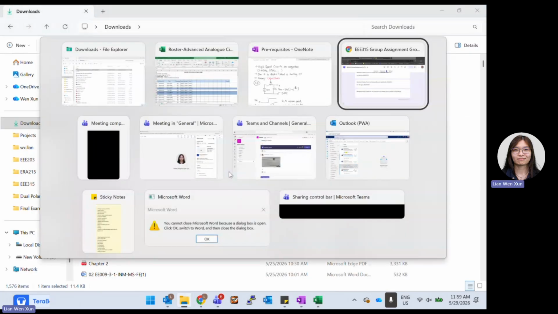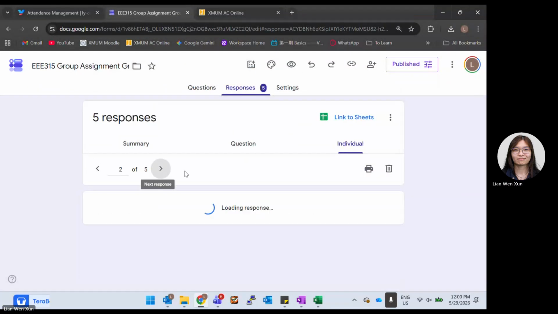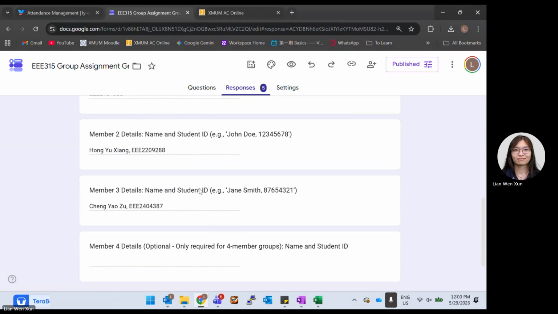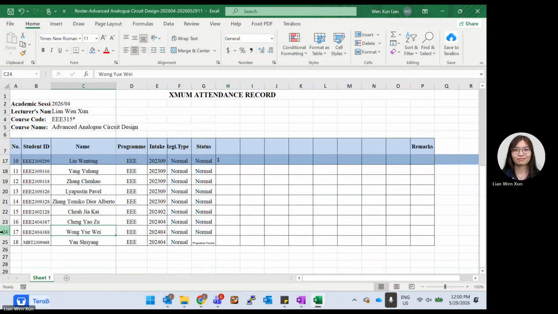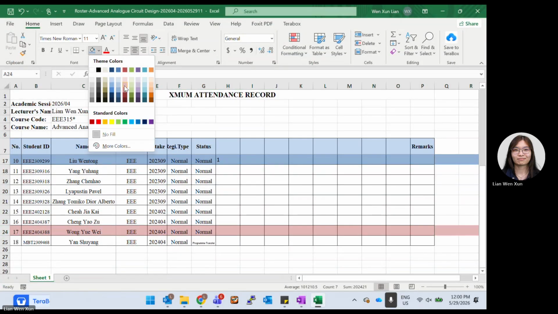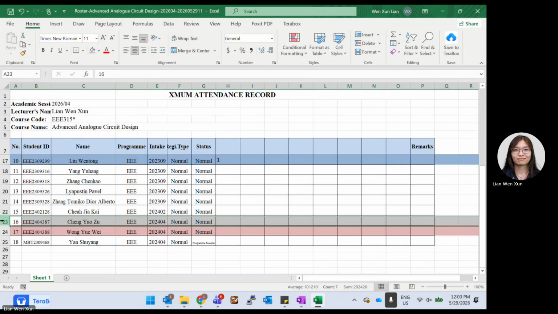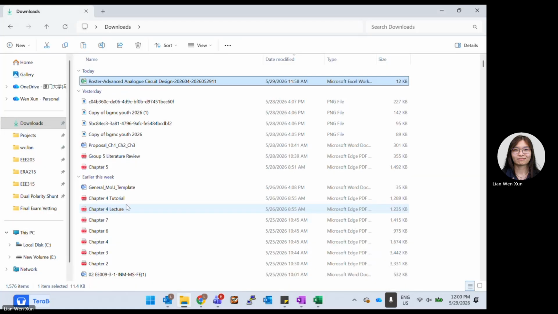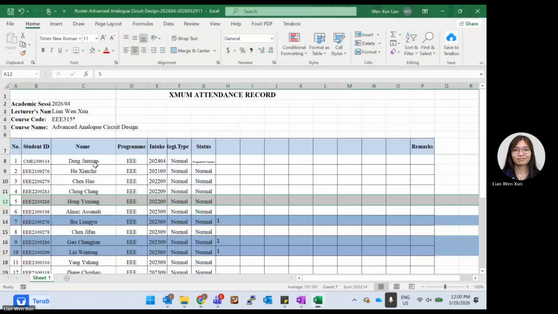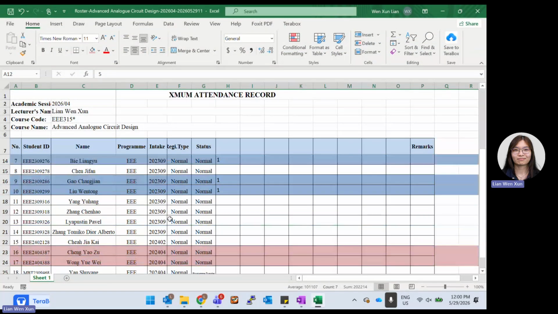Okay, the next group is... I think there's one more additional people, right? Hong Yuxiang, Chen Yaozu. What's your name? Yeah, and one more people in your group, right?